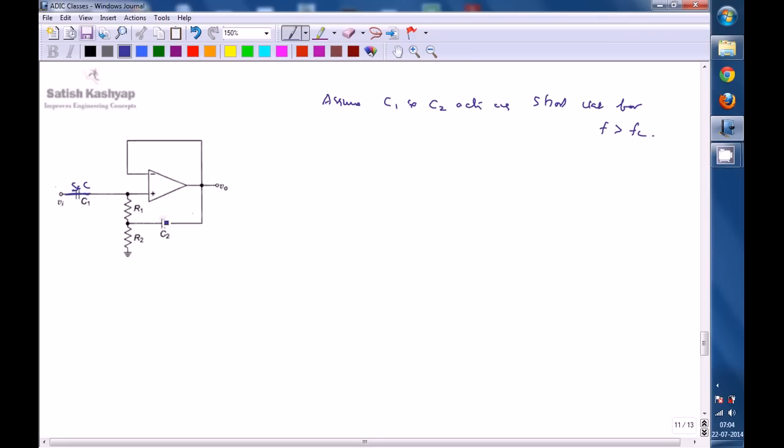Short circuit is nothing but a wire, so you are replacing C1 and C2 with a wire, which we mention as short circuit. By that time the effective circuit is going to look like this. This is the effective circuit.